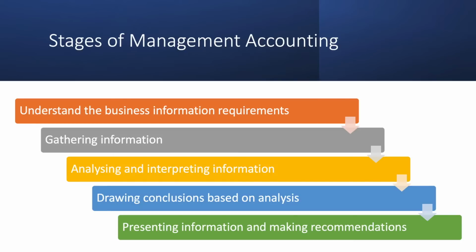If our manager is asking for some information, first of all we have to understand the systems and operations of the organization where we are working. That is the first stage for the management accountant who is preparing any kind of report.